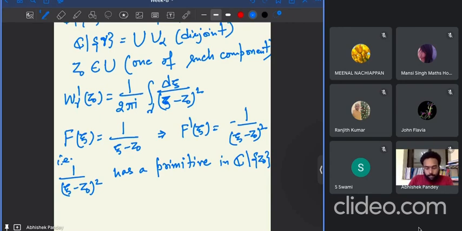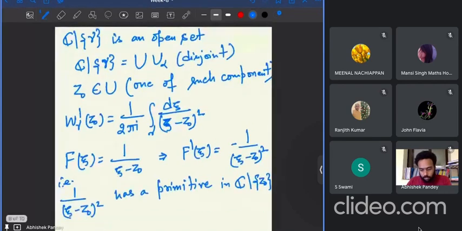So this has a primitive in C minus z naught. So what is the primitive? Basically minus 1 upon xi minus z naught. So what would be this integral? Is the whole thing clear or not?